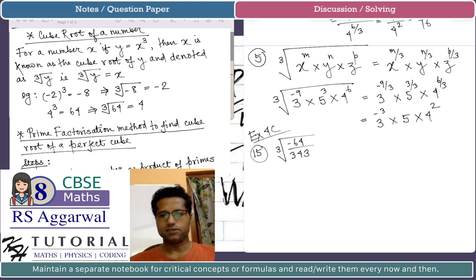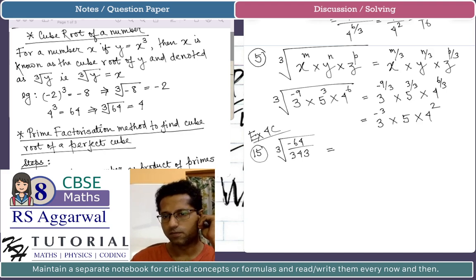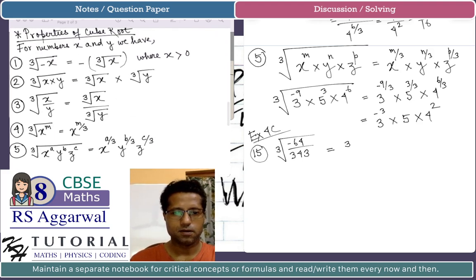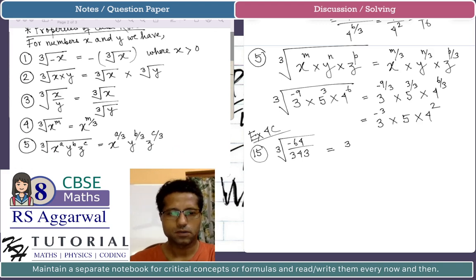Now this is a cube root of a negative rational number, where the numerator is minus 64 and the denominator is 343. 64 is a perfect cube, 343 is also a perfect cube. So I would like to rewrite it using the property 3, that is the cube root of a rational number. This will be cube root of minus 64 divided by cube root of 343.